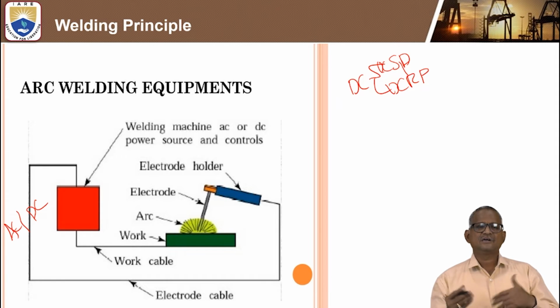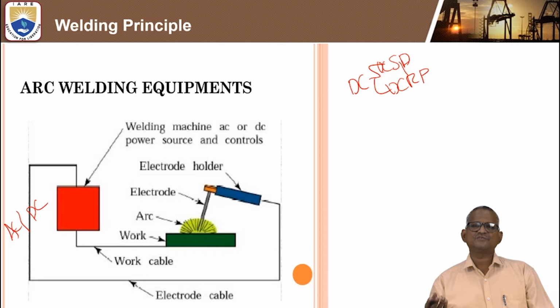AC means either 230 volts or, sometimes, 3-phase supply for industrial applications.